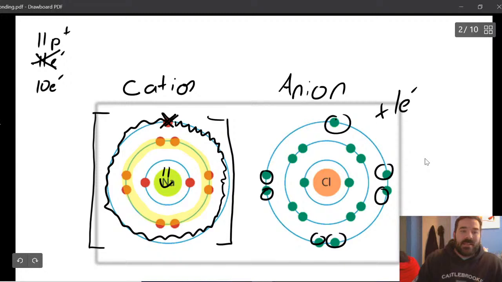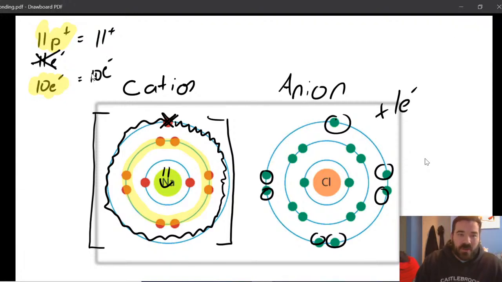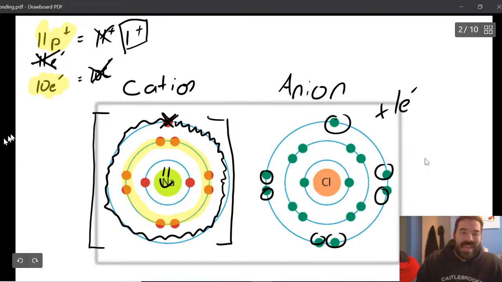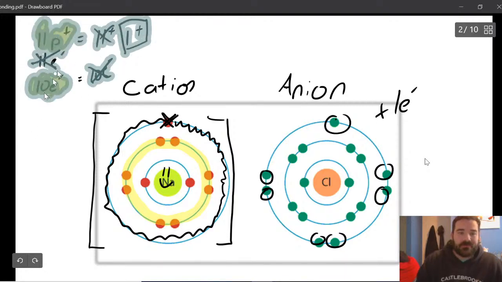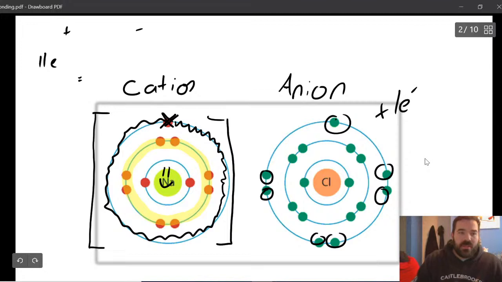And if it has 11 protons and 10 electrons, well, it has a positive charge of 11, a negative charge of 10, and so 10 positive charges cancel out 10 of these negative charges, but there's 1 positive charge left over. And so its net charge would be +1. So we're going to write a positive 1 here, 1 plus.